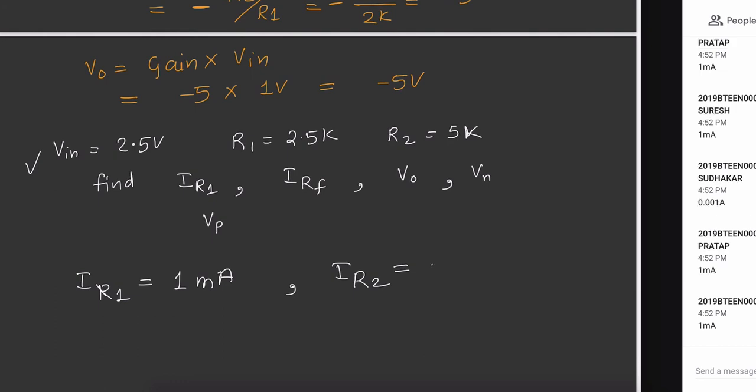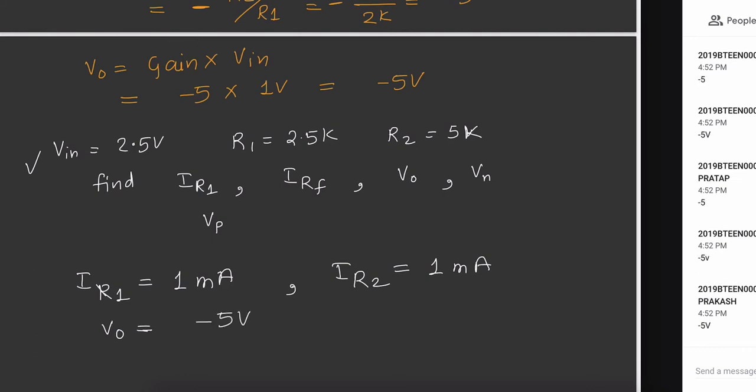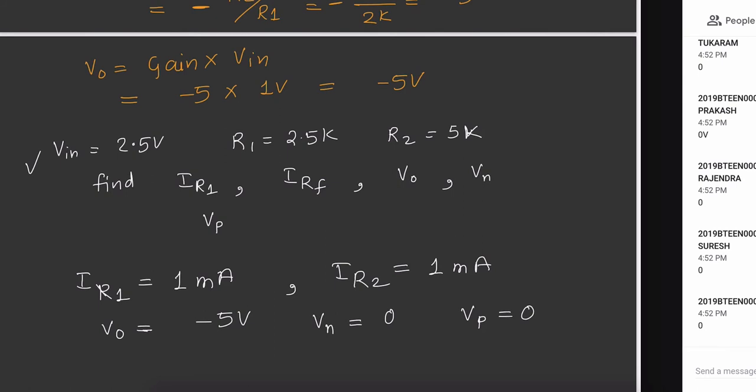IR2 is how much? Again same 1 milliampere because there is no current going inside the op amp. Okay. Then what is VO? Minus 5 volt. What is VN? 0. And what is VP? Again 0. Right. Fine.